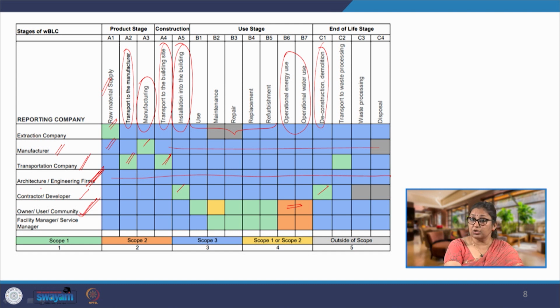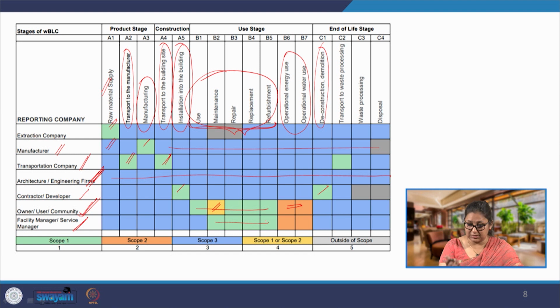So, owner, user or community is going to have all these emissions coming from this entire basket of use as either scope 1 or sometimes as scope 2. Why are we counting it as scope 2 here for maintenance? Because if there is a facility manager or a service manager who is going to manage the entire building, then the emissions coming from maintenance, repair, replacement, refurbishment could actually accrue to the facility manager or service manager here.